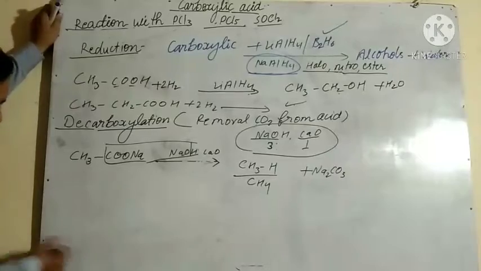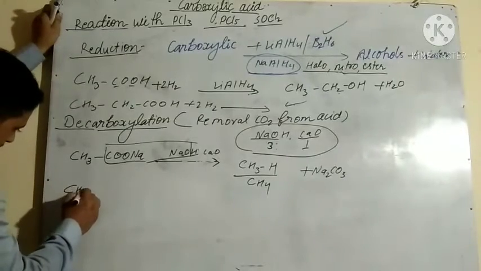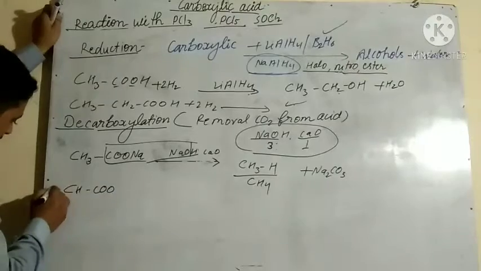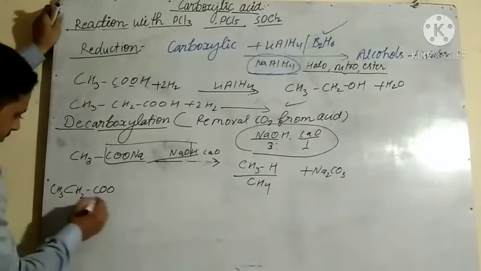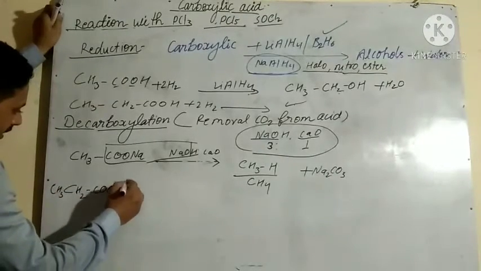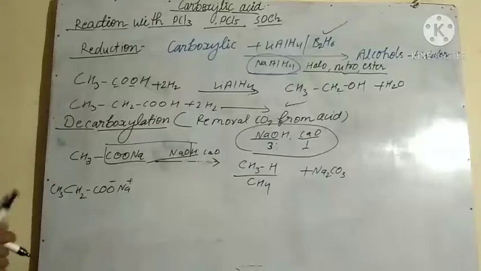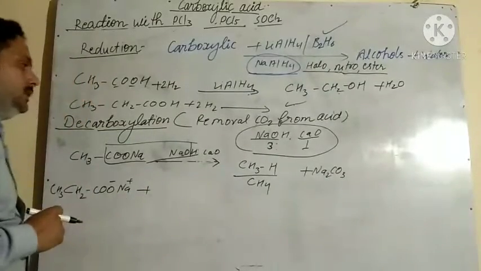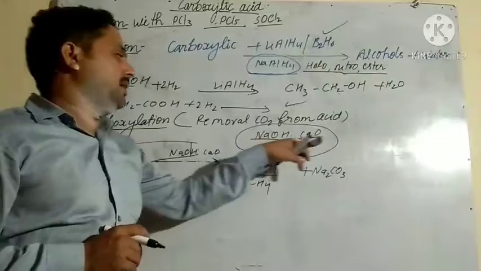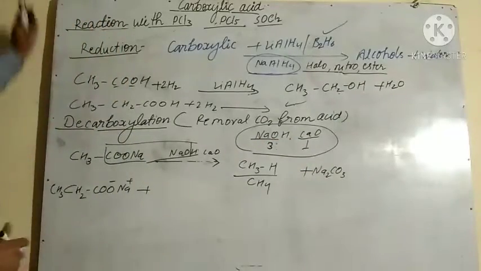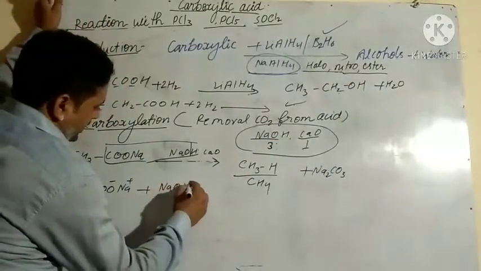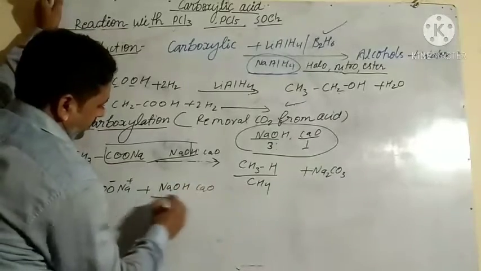Another example we can take. CH3CH2ONa, when it is heated with soda lime. What is soda lime? 3:1 of sodium hydroxide and CaO. So we write NaOH, CaO.